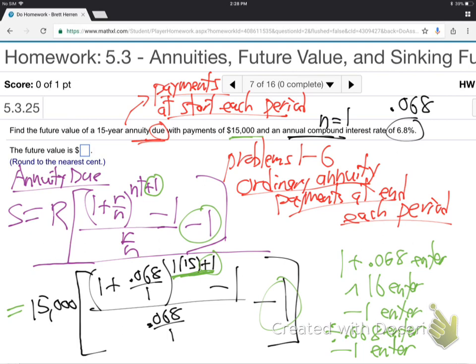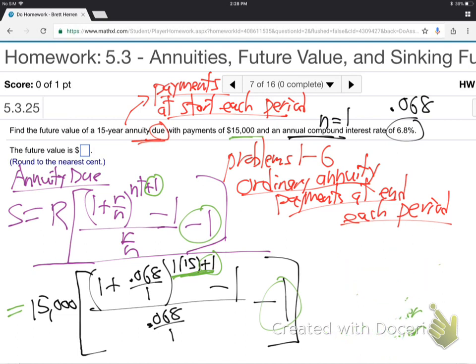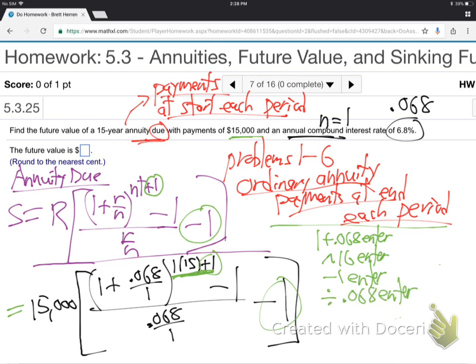So just type it all into your graphing calculator. 1 plus 0.068, enter, to the power of 16, enter, minus 1, enter, divided by 0.068, enter, minus 1, enter, and last step, times 15,000, enter. And you should get an answer.